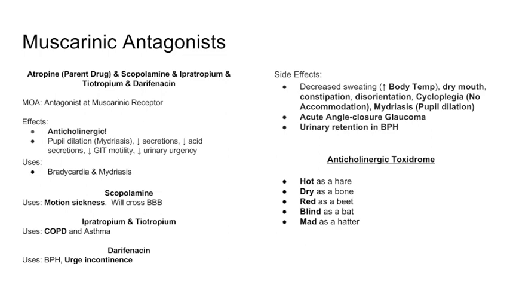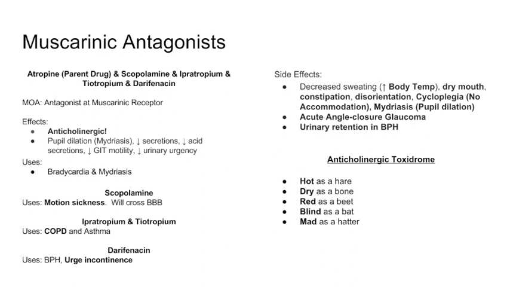Now, side effects. Side effects are the opposite of our cholinergic side effects: anti-cholinergic side effects. So decreased sweating, so increased body temperature, dry mouth, constipation, very high yield. Anti-cholinergic drugs are very likely to cause disorientation and confusion in the elderly, so we try to avoid using these drugs in elderly patients.